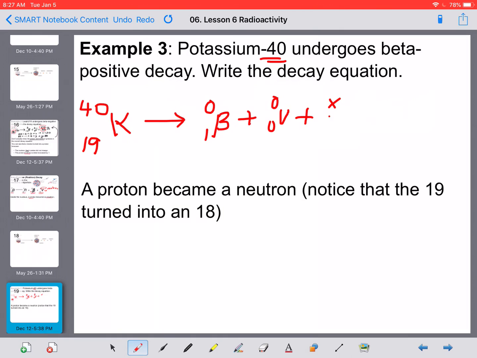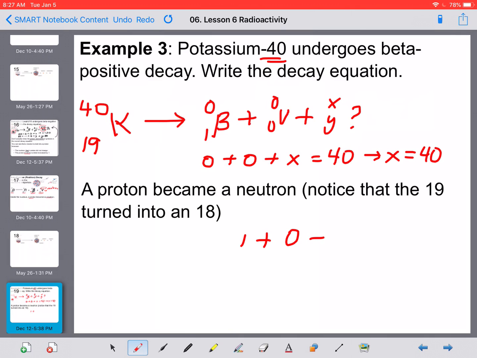So same thing again. Top number is x, so 0 plus x equals 40. So x is just 40. And then bottom number, 1 plus 0 plus y equals 19. So we can see from that that y must be 18.